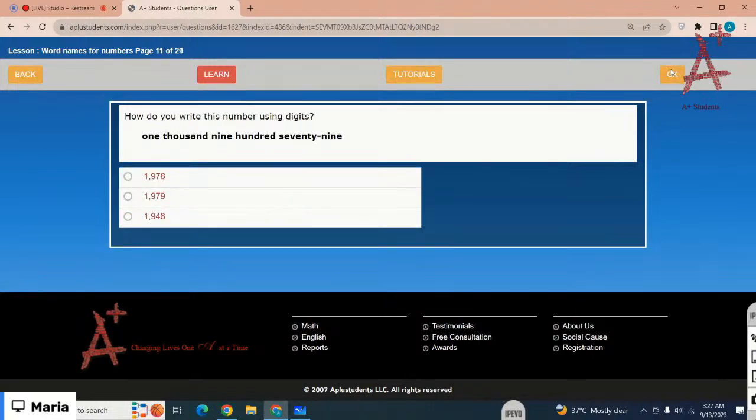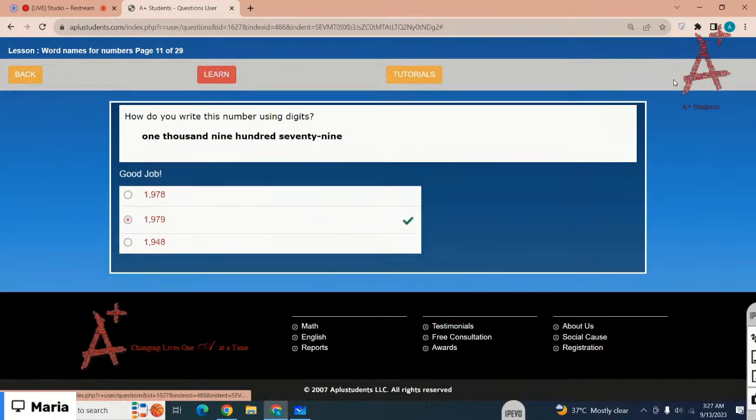How do you write this number using digits? 1,979. Which option is the correct one? Yes, the second one, 1,979.